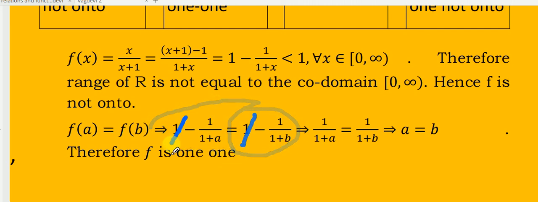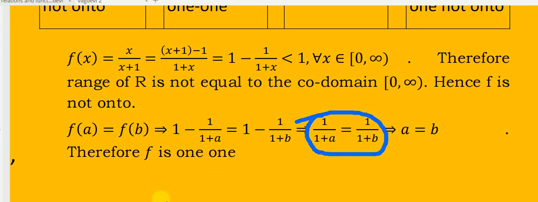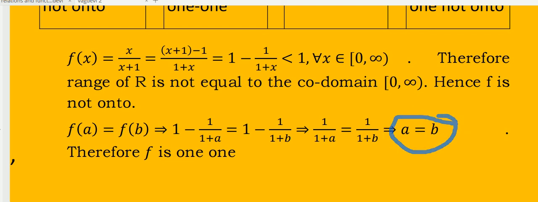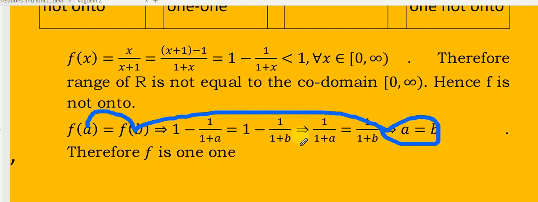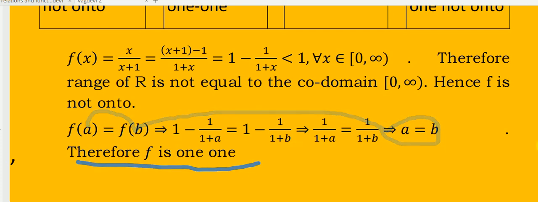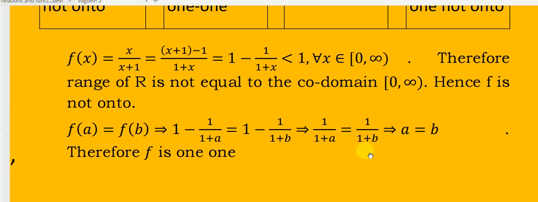So 1 is eliminated and the negative sign will also be eliminated in the next stage. So you get 1 by 1 plus a is equal to 1 by 1 plus b. You can take the reciprocal: 1 plus a equals 1 plus b. You can cancel 1, and you will get a is equal to b. So f of a equals f of b implies a is equal to b. Therefore f is one-one.